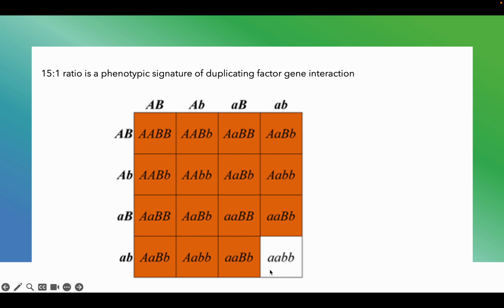Only when neither of them is present in the dominant condition, then you will get white, right? So in all of these scenarios, what we get is brown color. Only when both of them are in recessive condition, we get white. So the ratio that we get is 15:1. This is called duplicating. Duplicating genes are controlling the trait, and even one of them is enough.